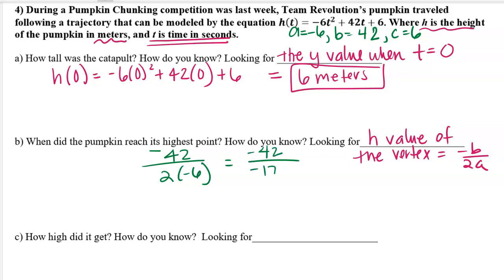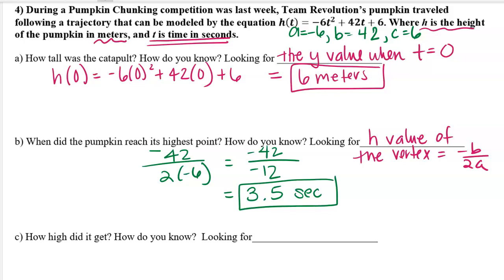Negative 12. Great. What's negative 42 divided by negative 12? 3.5. Okay, beautiful. What unit of measurement would this be, Cam? Seconds. Correct. So students, in 3.5 seconds, your catapult will reach its highest point.